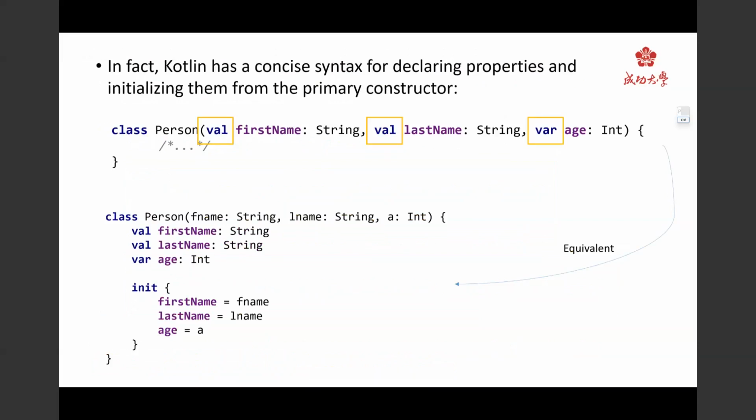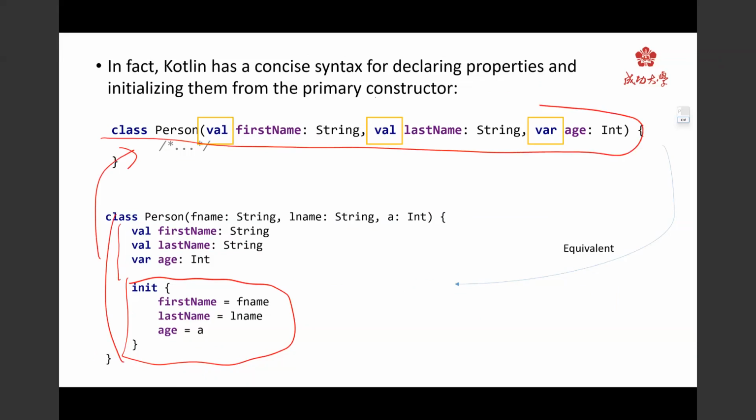Suppose you wanted to define three properties: first name, last name, and age. According to earlier discussion, to initialize these three properties, we have to do it inside an init block. But equivalently, we can do the same thing using one line of code like this.